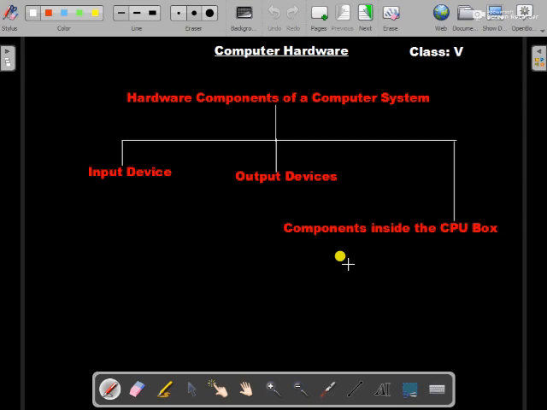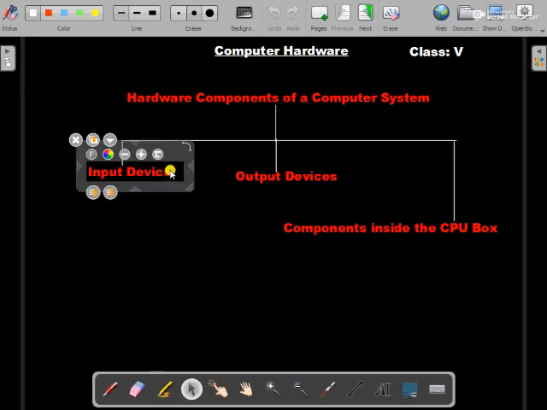In this video, today I will only discuss about input devices.